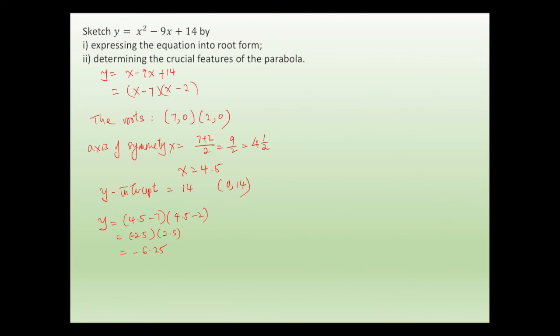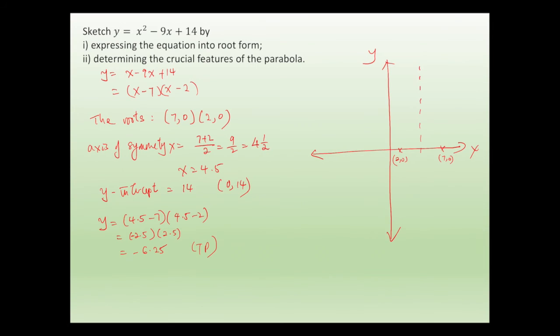Work out the turning point. Sketch y equals x squared minus 9x plus 14. So let's do it this way. Y and x. Remember, please use a ruler in the exam or test situation. So we know that one of them is 2, 0. This is 7, 0.